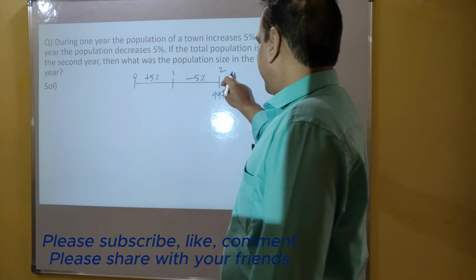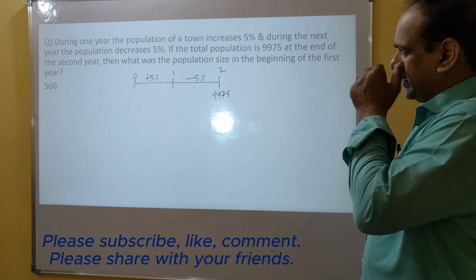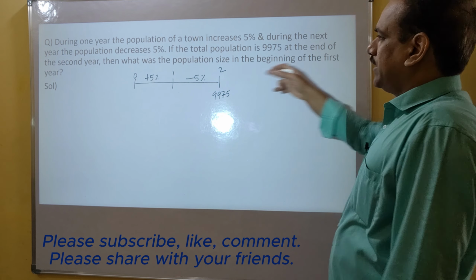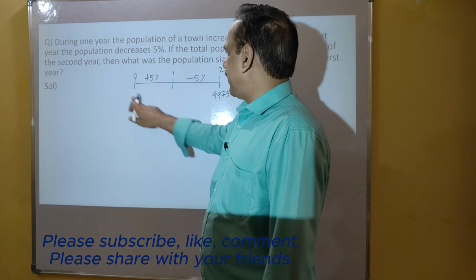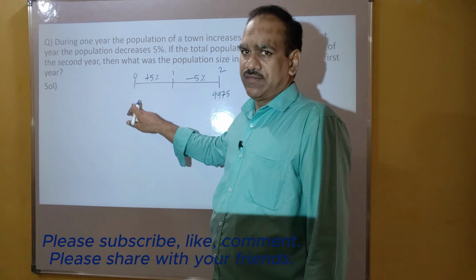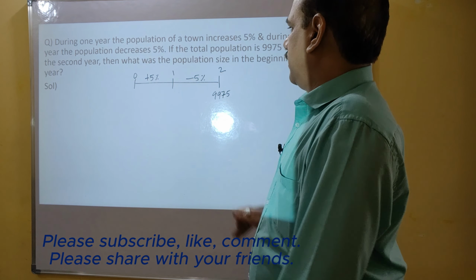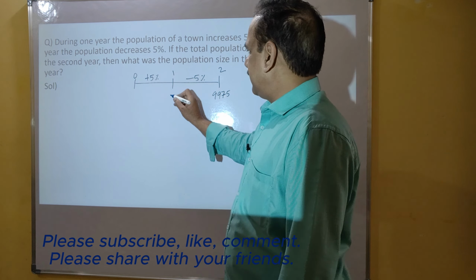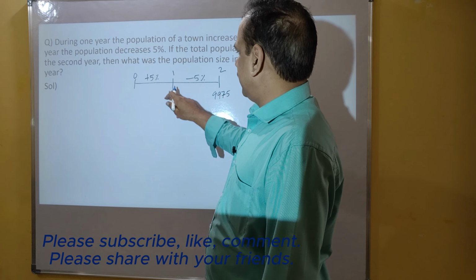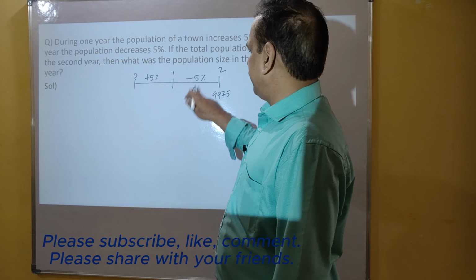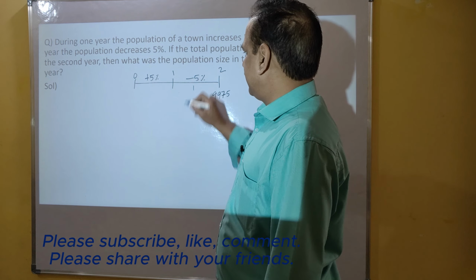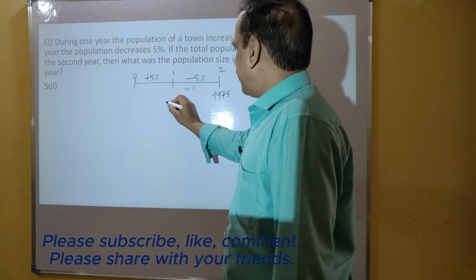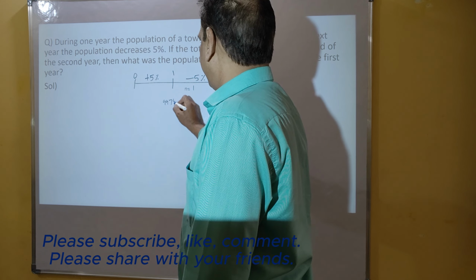So currently we are here. Then what was the population size in the beginning of the first year? You are asked to find that population 2 years ago. So 2 years ago means, what was the population at the end of first year? Because it is minus 5 and the number of years is n equal to 1, here the population must be 9975.